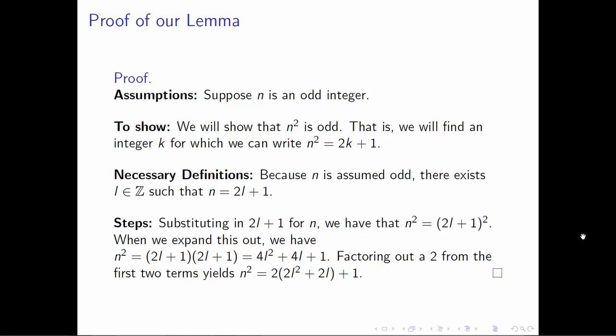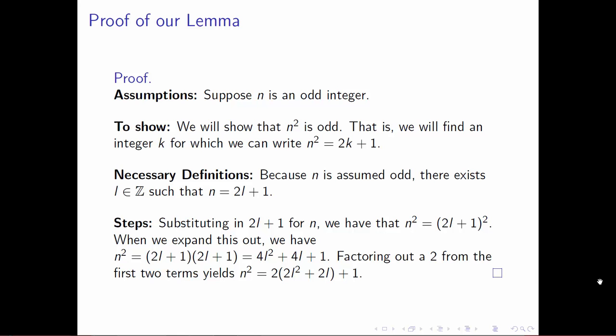What I want to do next is factor out a 2 from these first two terms so that I will be writing n squared in the form that I wanted to. So if I factor out just a 2 from these terms right here, I will have n squared written as 2 times something plus 1.